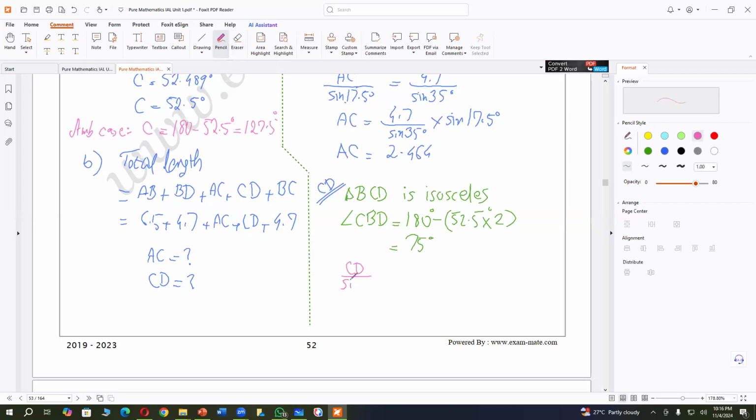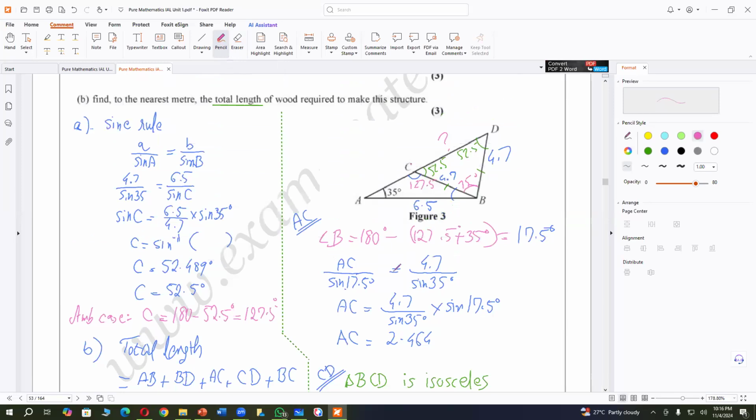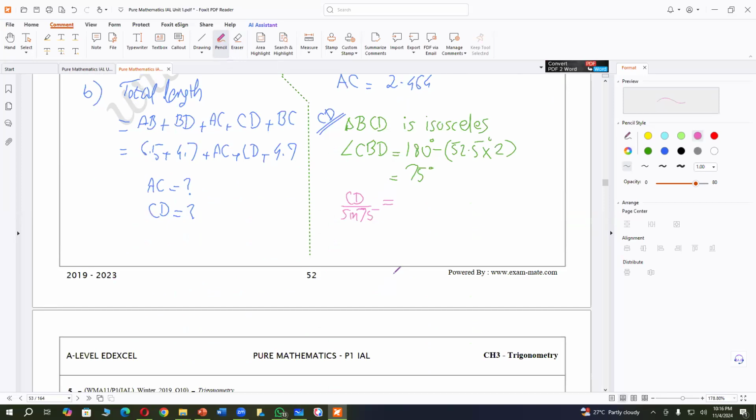CD upon sine 75 is equal to 4.7 upon sine 52.5.